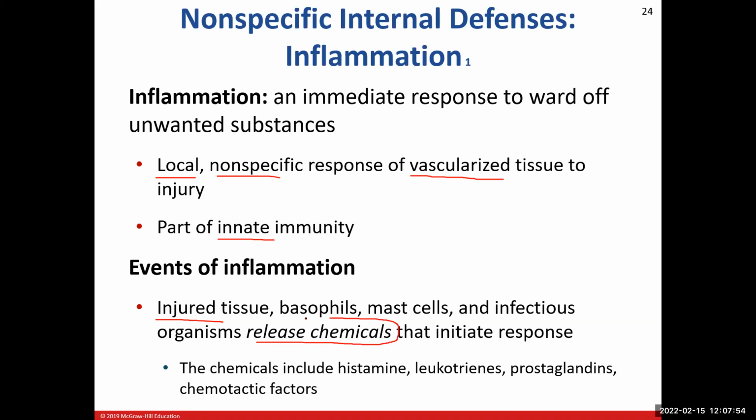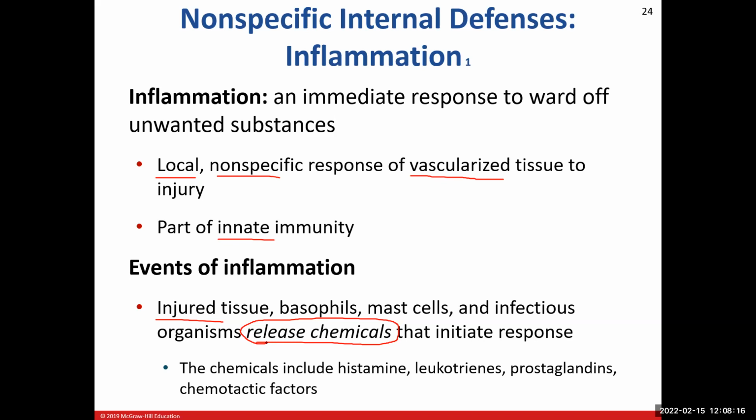That is important. So the injured tissue is going to release the chemicals, the cells there, the basophils, the mast cells, and even the infectious organism that came in because of this injury, are all going to release chemicals. And this is going to start the ball rolling.